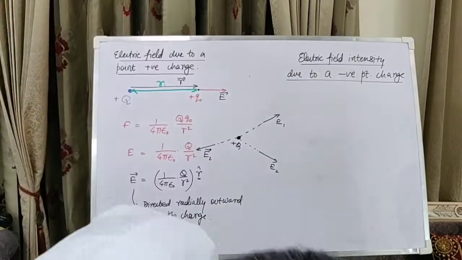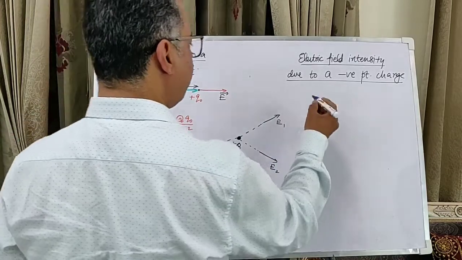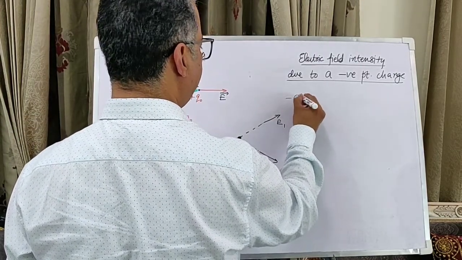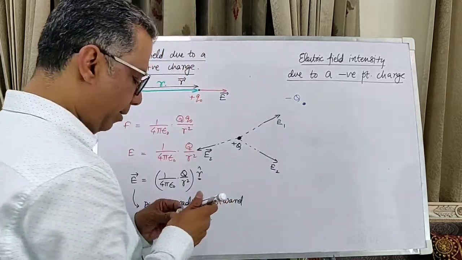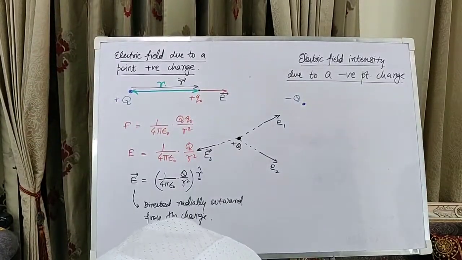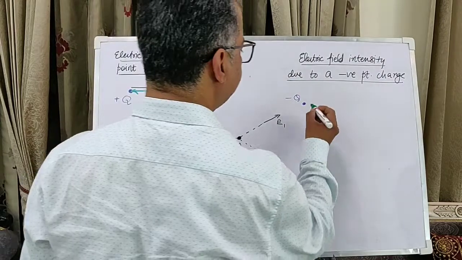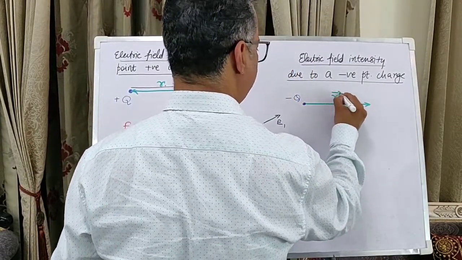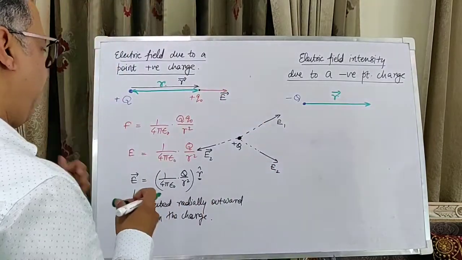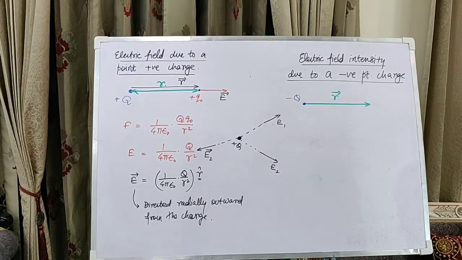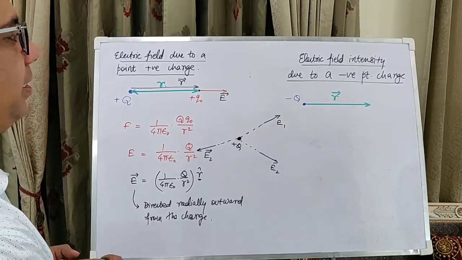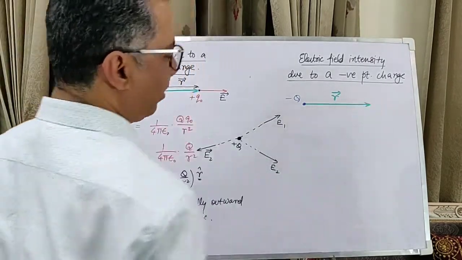Now this time we have a negative charge, say minus Q, and we are going to calculate the electric field at a distance r from it. So I represent this as a vector r, and we now calculate the electric field intensity at the tip of this vector r.